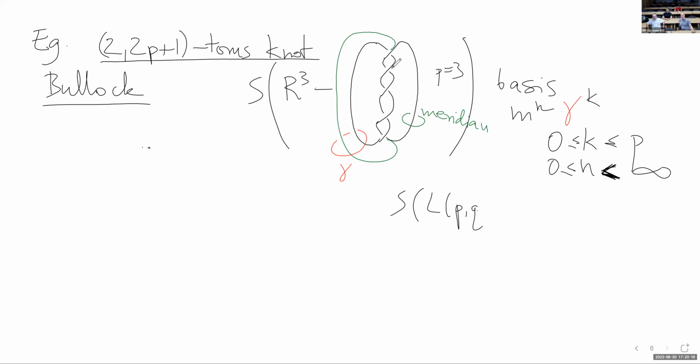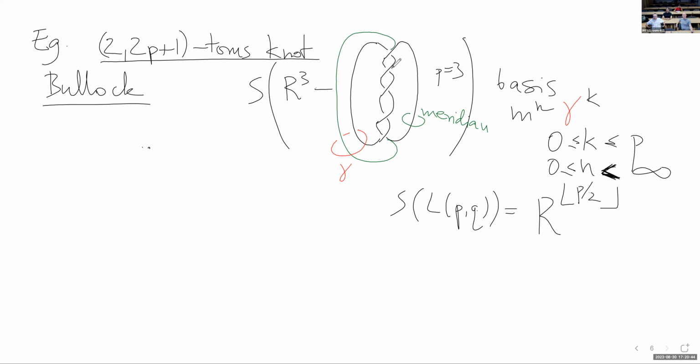But I'm still confused by this notation. How do I see in your picture that there's 2p plus 1, not 2p plus 7? Where do I see this number? For me, this notation (m, n) is confusing. Yeah, I have two numbers. I agree. You can choose them to be 2 and another one is 2p plus 1. Fine.